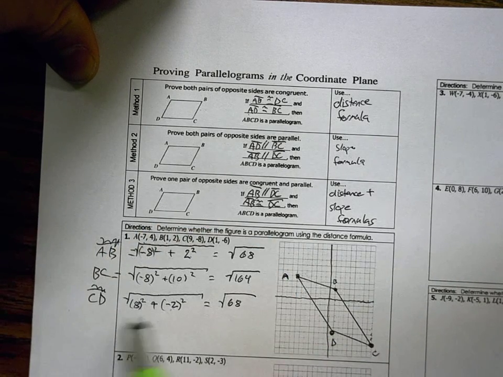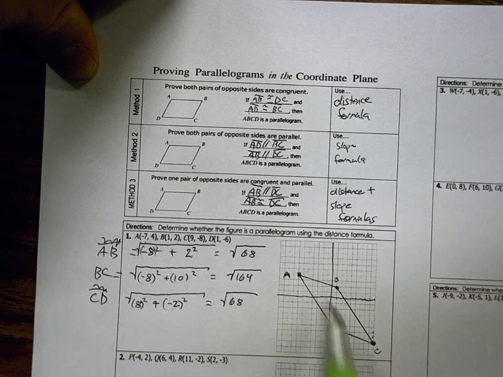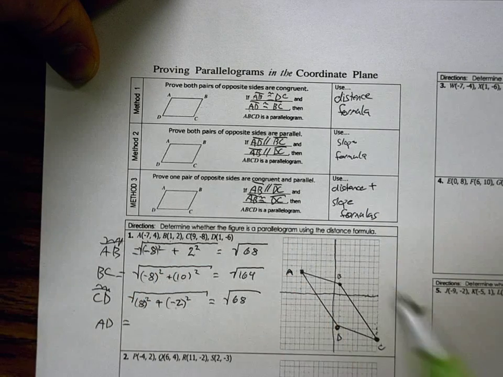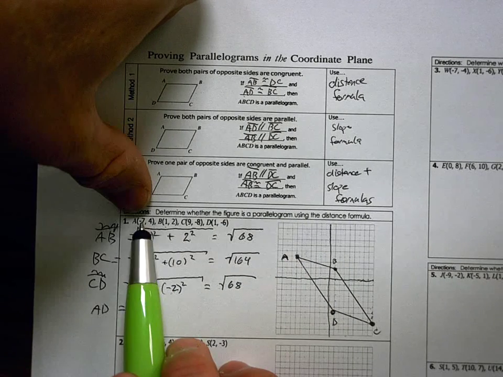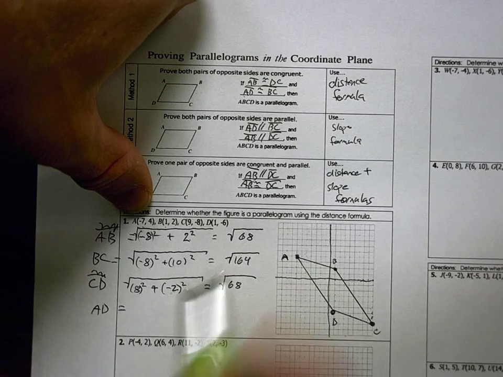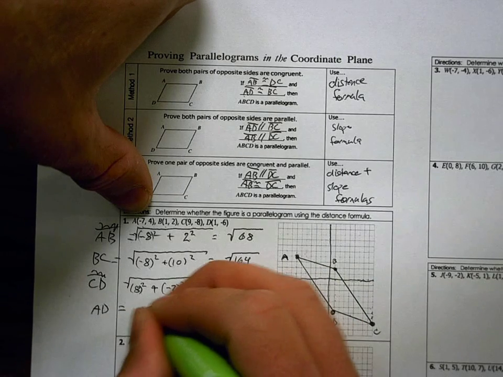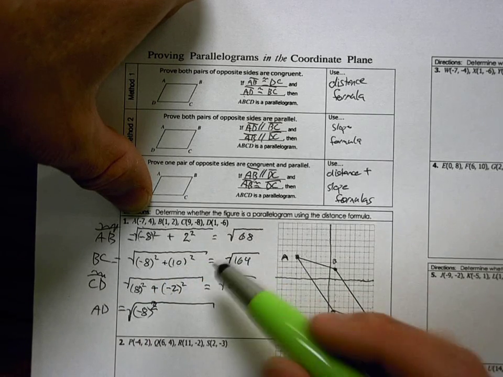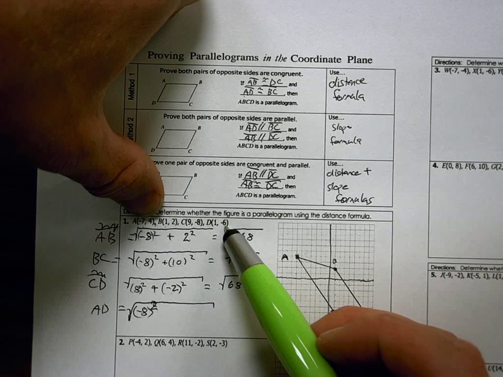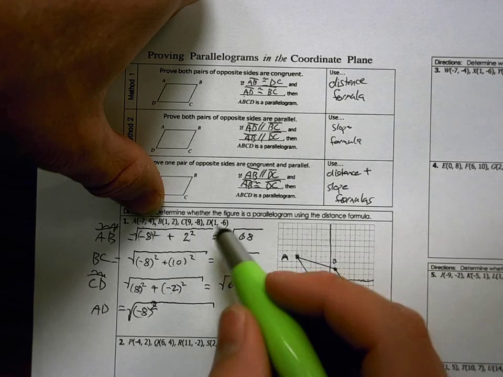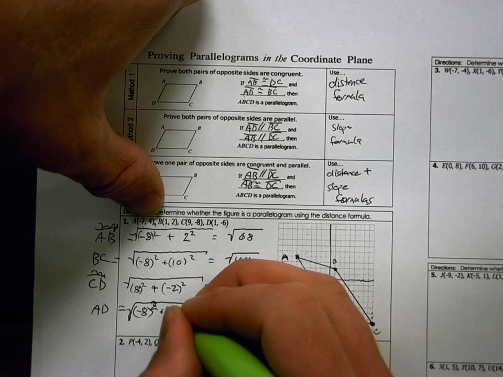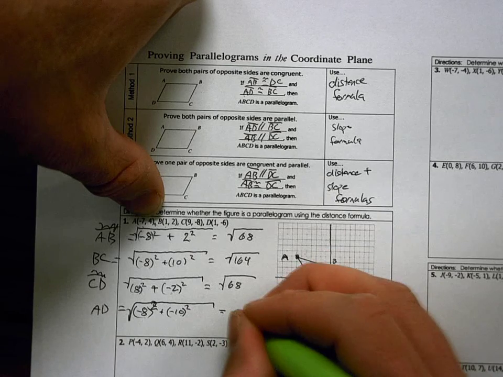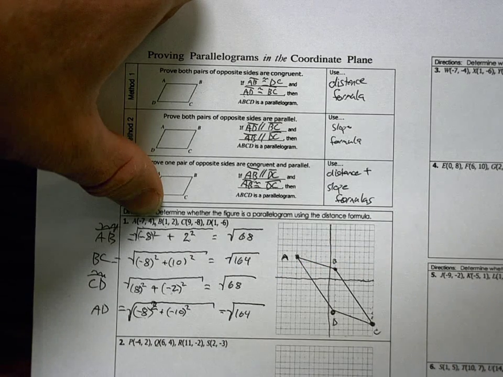Now, if I found BC, I want to find AD. So to find AD, negative 7 minus 1, negative 8 squared. 4 minus negative 6 would be negative 10 squared. 64, 100, square root of 164.